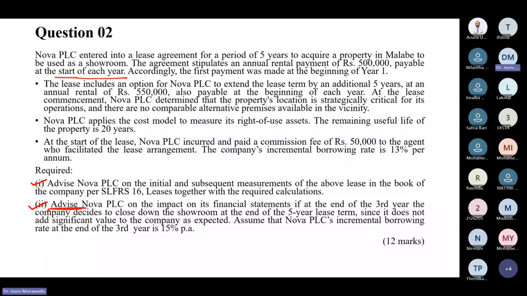So you need to elaborate and write the things that you have done in your own words. Then when you write, you can refer to your calculations. Then you can get maximum marks, the full 12 marks.